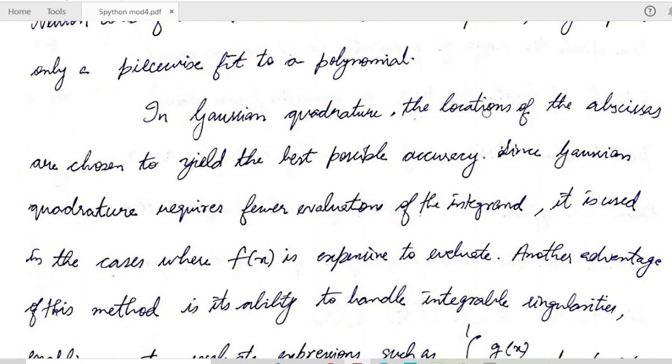Out of the two methods, Gaussian quadrature is more accurate and easier for us to use.